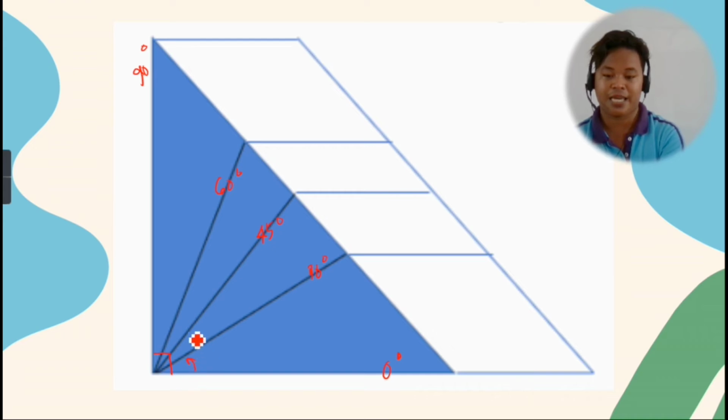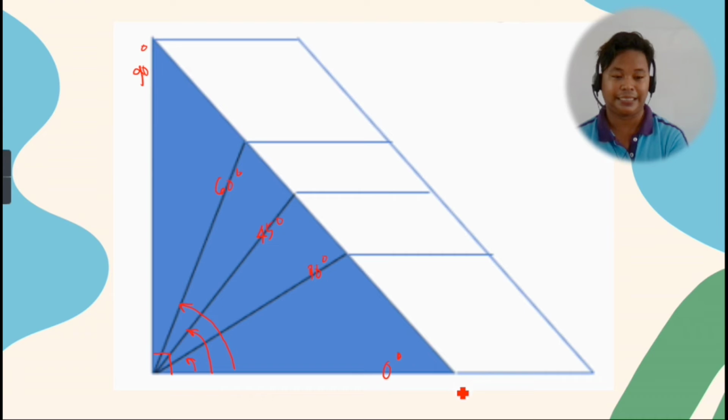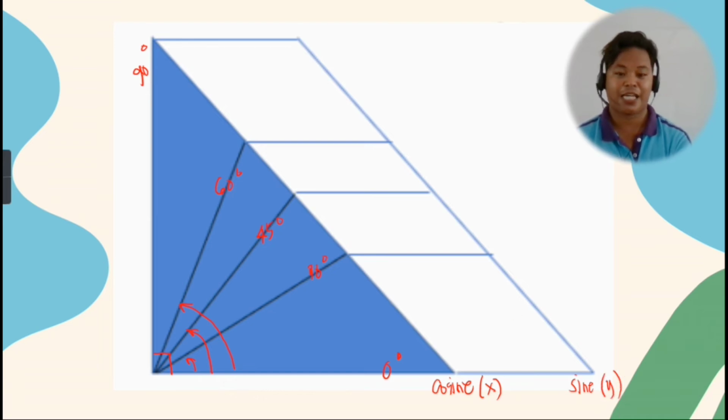We are going to use the first diagonal line, or the first side of this stair, as our cosine, our x coordinate, and the other side of the stair, which is the sine, represents the y coordinate of each degree.